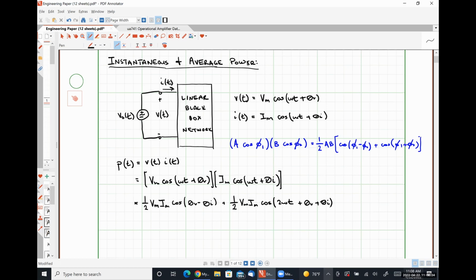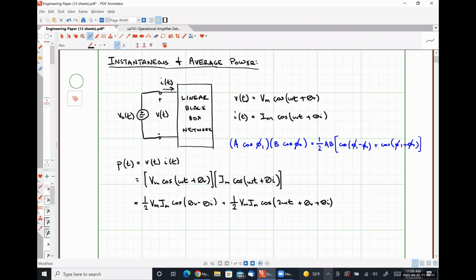And similarly, our current waveform has a magnitude Im and a phase angle theta I that is the same as what the frequency domain representation of that current would give us. So we can literally analyze our circuit in the frequency domain and then just plug in magnitudes and phase angles as needed to get the time domain power relationship. It is entirely unnecessary to do the analysis in the time domain.